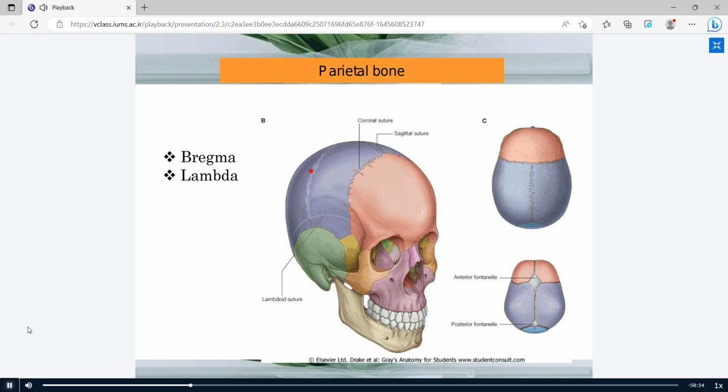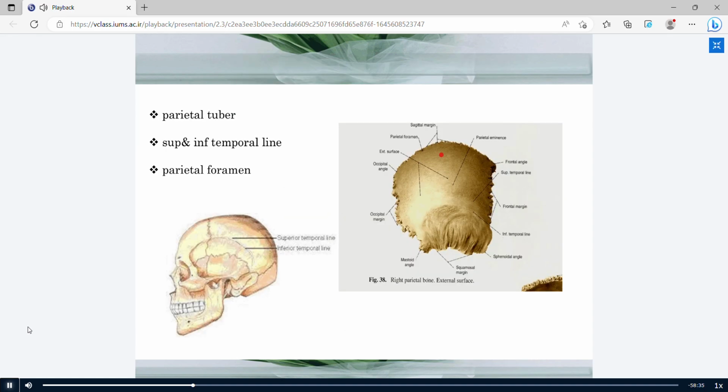Another bone is the parietal bone. There are two parietal bones. There is a sagittal suture between the left and right parietal bone, and the parietal bone is a quadrangular shape. It has a superior margin or superior border, inferior margin, anterior margin, and posterior margin.